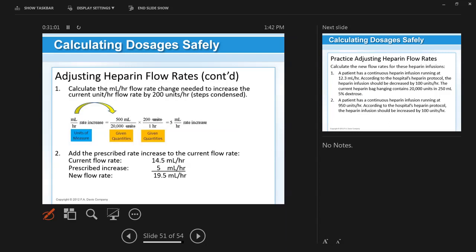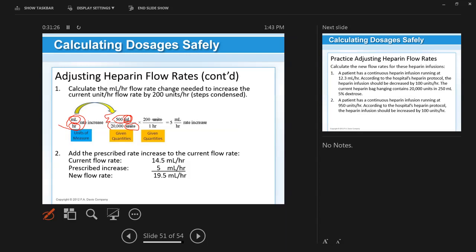So let's start out our problem with this. We've got milliliters per hour. What do we know has milliliters? We have to keep this label of milliliters in that first numerator, and our concentration in our bag of fluid is 500 mL per 20,000 units. We have units here, and we're only looking for a label that includes milliliters and hours. So we need to somehow eliminate units.